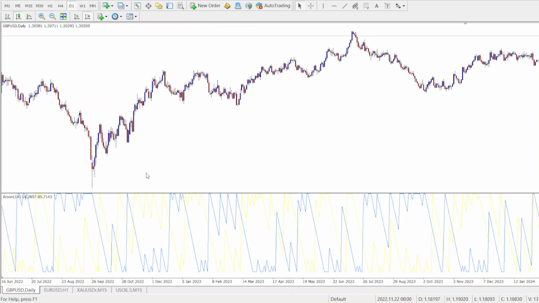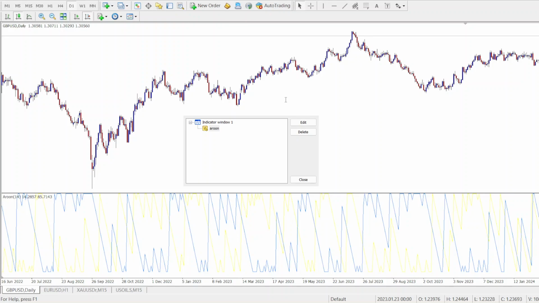Now, as for short-term trading, if you are a short-term trader, you might want to adjust the settings, the period.